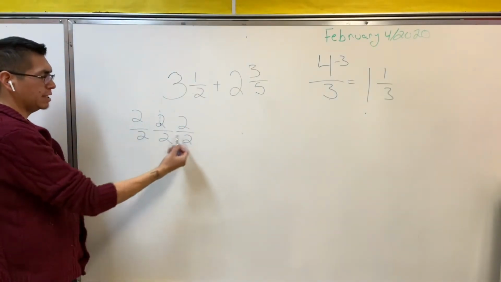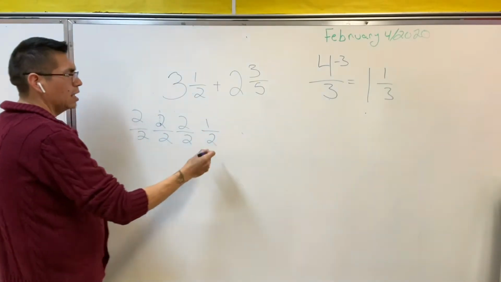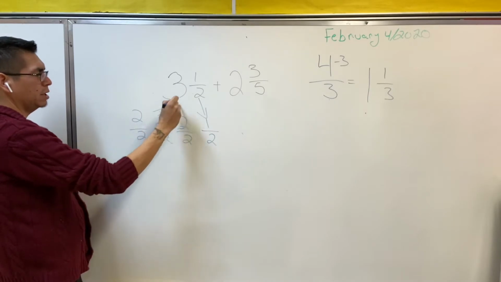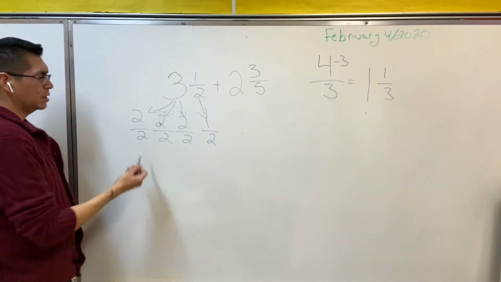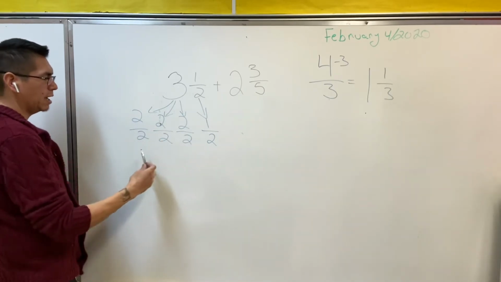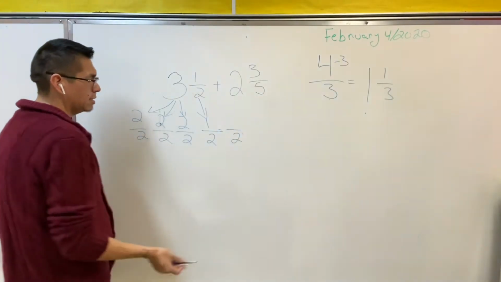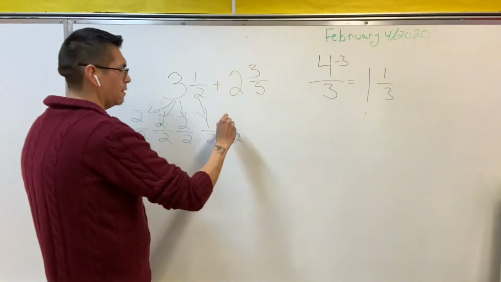We have 6 halves. And we can add this half to it. So this goes in here, right? So we have 6 halves, which equals 3 whole chocolate bars. We add them all together. Remember, the denominator doesn't change because it's the same already. 2, 4, 6, 7. So we have 7 halves.